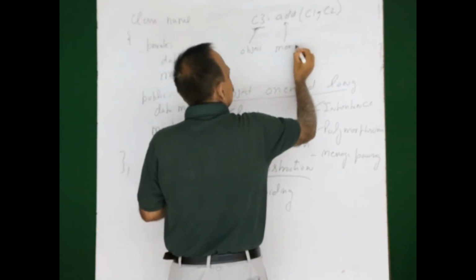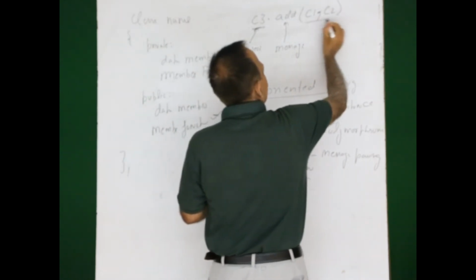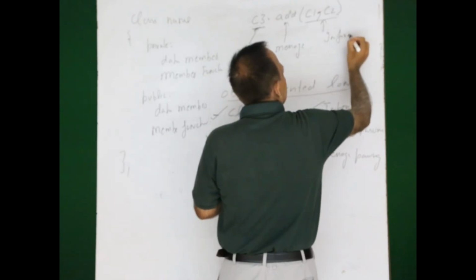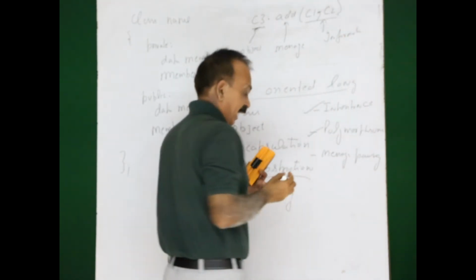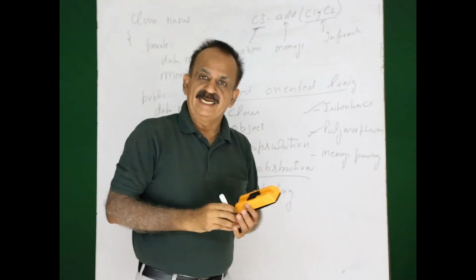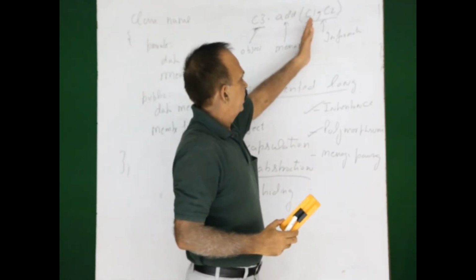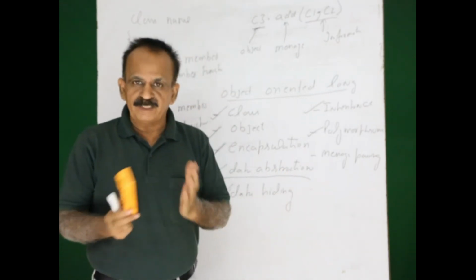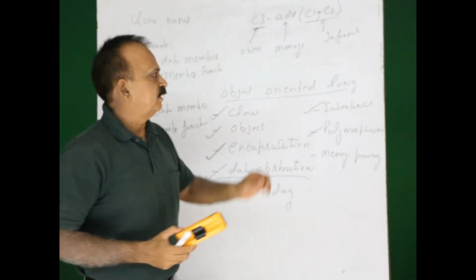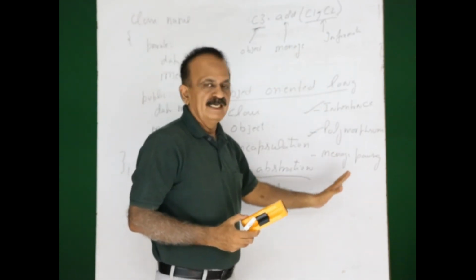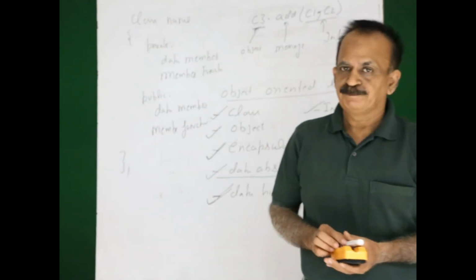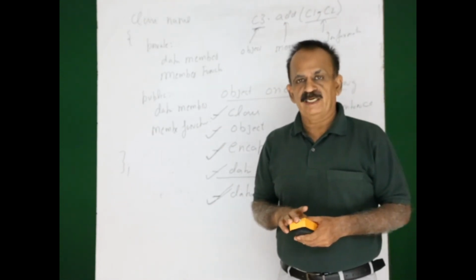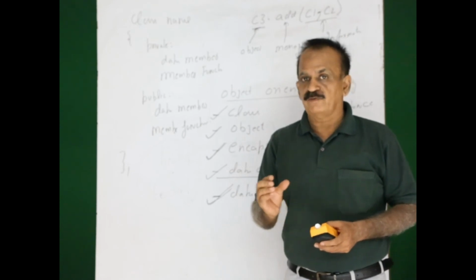This is the message which it is using, and the information given to execute this message is C1 and C2. Basically, as per the code, C1 and C2 will be added and the result will be stored in C3. With this particular statement, the objects are interacting with each other, and this is known as the message passing process.